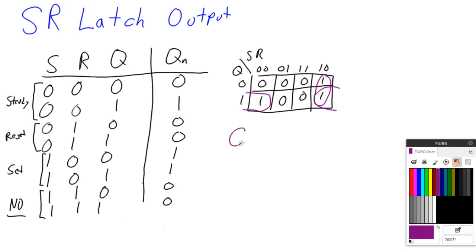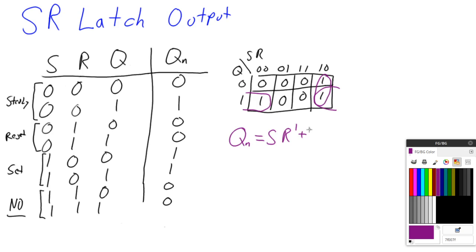Let's see what we get. So really, this is Q next equals, and we've got, for this term, S R naught, and here we've got, what stays constant?